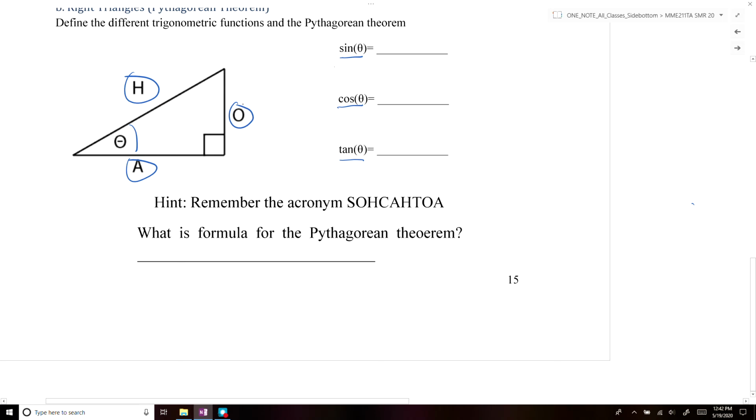So we're going to have the ratios of the sides of our triangle that define what sine of theta, cosine theta, and tangent theta are equal to. Okay? And then I'd also like you to try to remember what the Pythagorean theorem is. So please stop the video and try to answer these on your own.